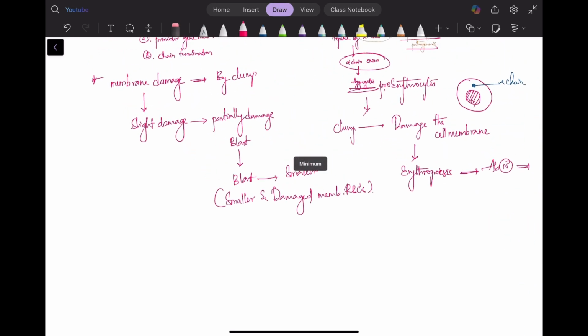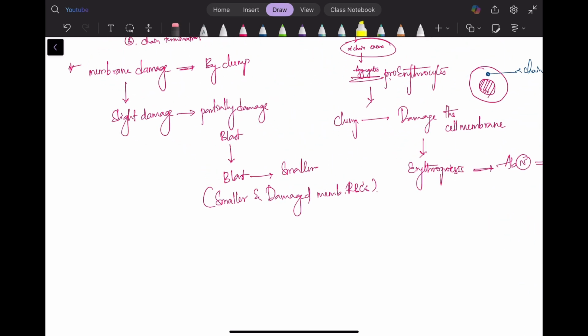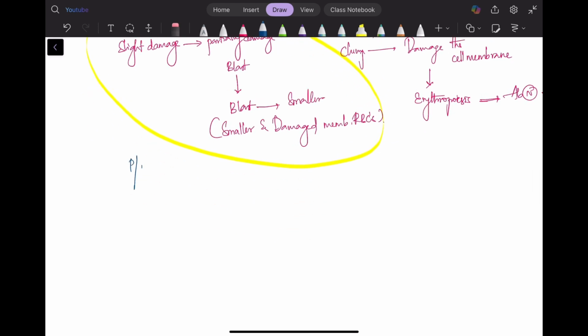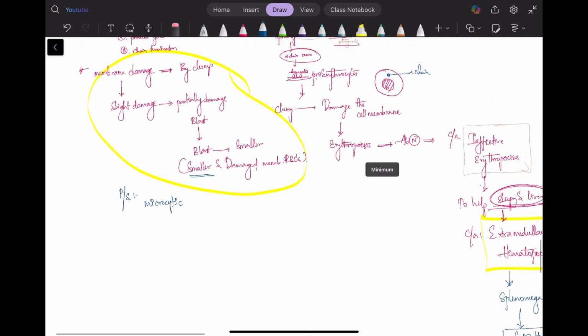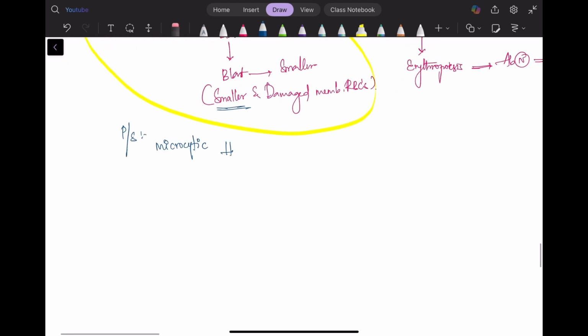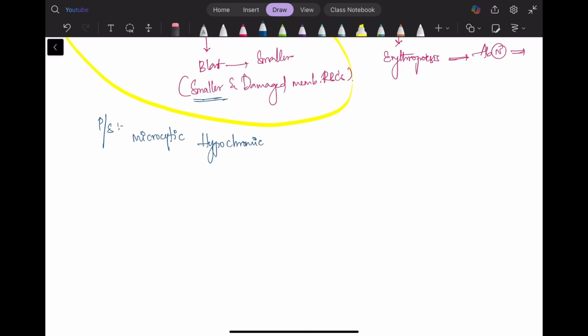This is the reason why you see something very important in your peripheral smear finding. So what is this peripheral smear finding? Something small, microcytic. Something with defective erythropoiesis, so hypochromic, and a damaged membrane which leads to poikilocytosis.